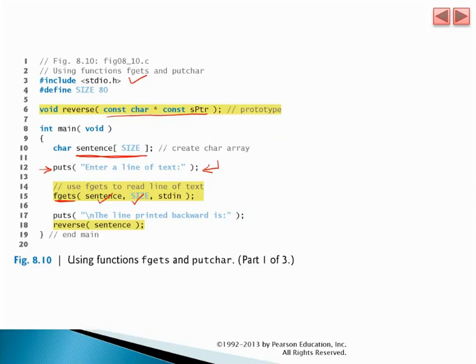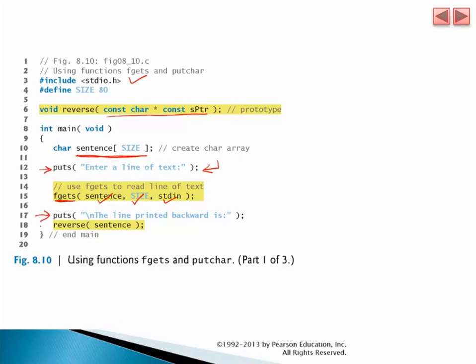The size is required so that the user will be bound by a certain size which he has to insert. And then since we are mentioning stdin, that is the standard input stream, we will take input from the keyboard. If we are having input from a file, we will see in file handling, instead of standard input we can write a file stream. So the reading will be done from a file rather than the keyboard.